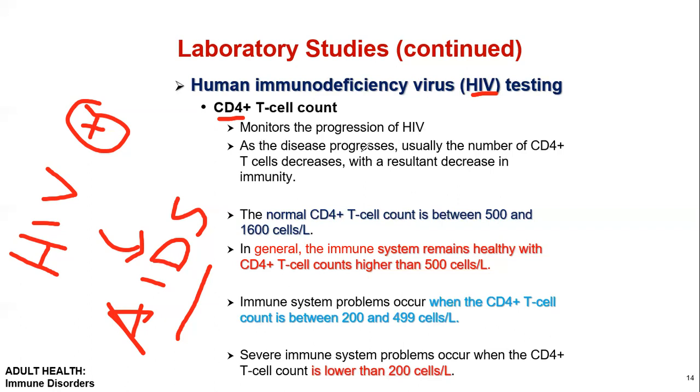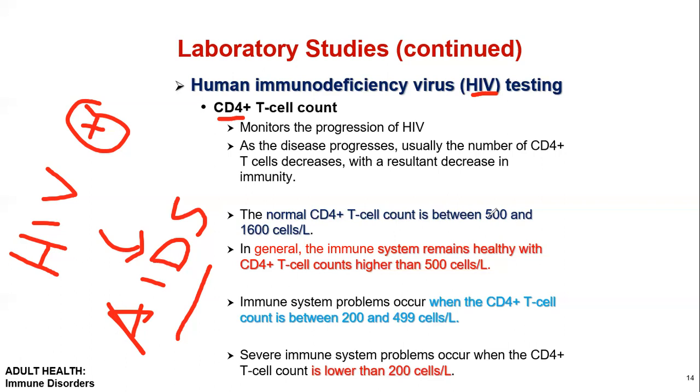As the disease progress, usually the number of CD4 T cell decrease with the resultant decrease in immunity. The normal CD4 T cell count in between 500 to 1600 cell per liter.